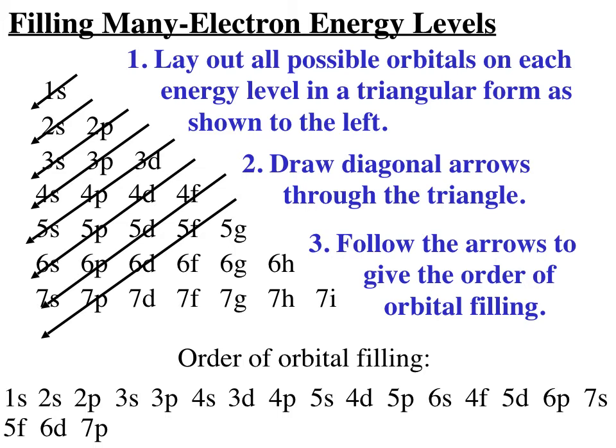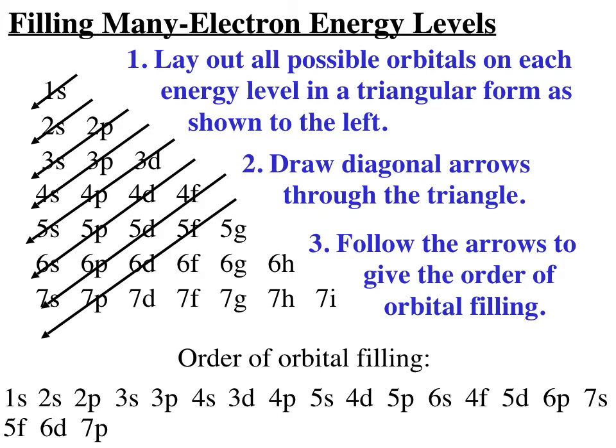So, a memory device that can be used to help you figure out the ordering as to how to fill the electrons properly into a many electron atom is done as follows. As it says here, first lay out all possible orbitals on each energy level in a triangular form as you see there. Start at the top.